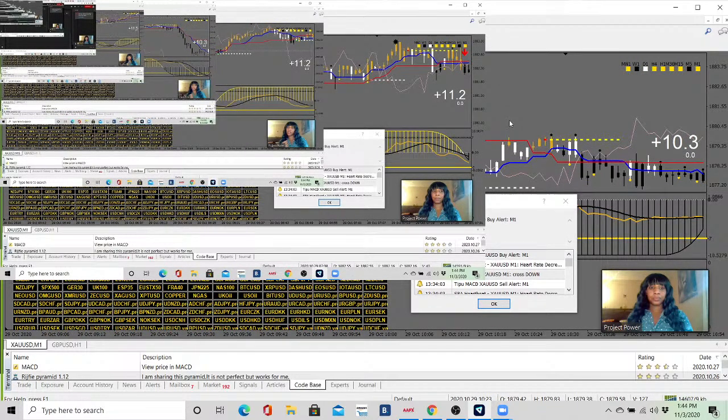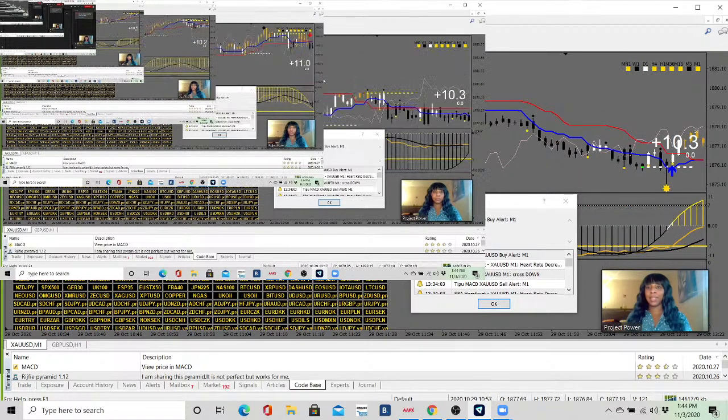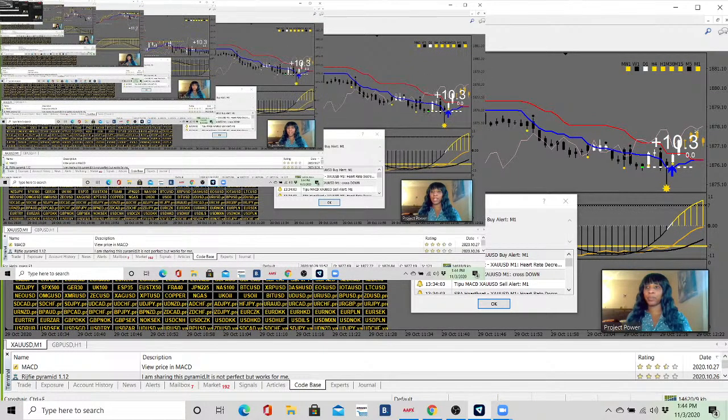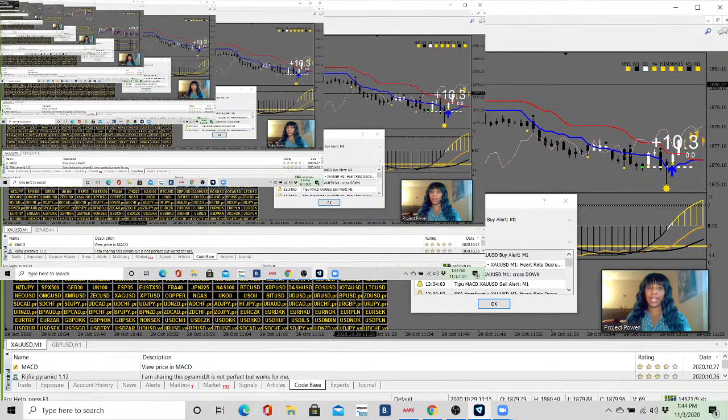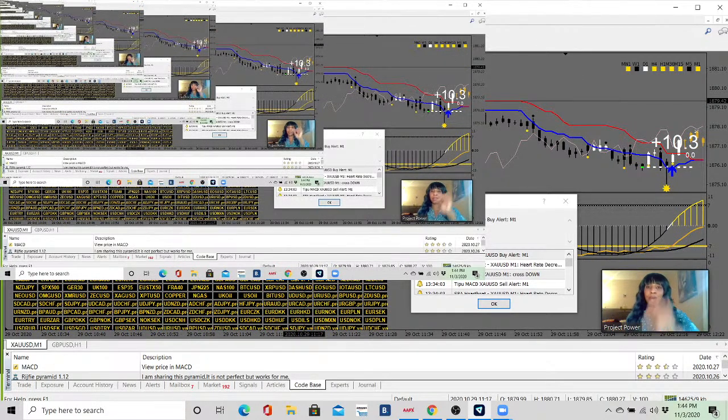Okay, so we have a grade B buy, and if you held it from the grade B buy to the grade B sell, you could have potentially caught 36 pips.